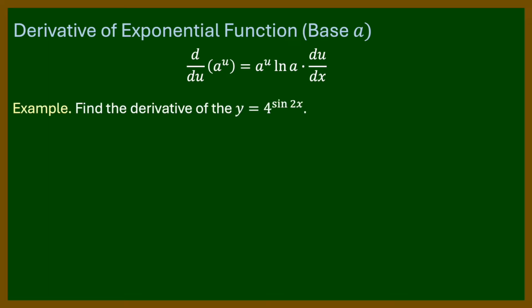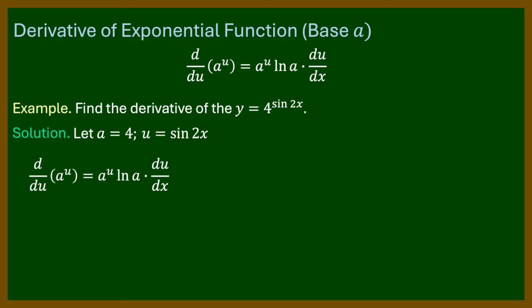Another example, find the derivative of the function 4 to the power of sine 2x. So let us apply the same procedure. Recognize first who is a, who is u. Here, a is 4 and u is the exponent, which is sine 2x.